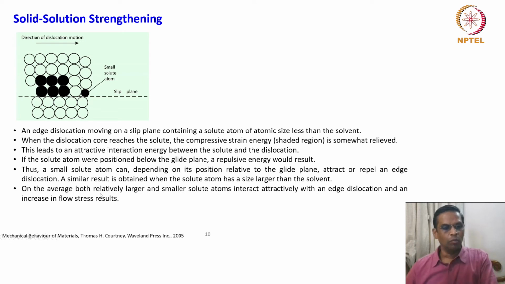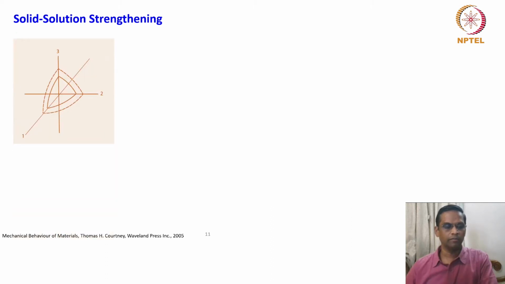On the average, both relatively larger and smaller solute atoms interact attractively with an edge dislocation, and an increase in the flow stress results. So whether it is larger or smaller, the net result is the increase in the flow stress. That is important.